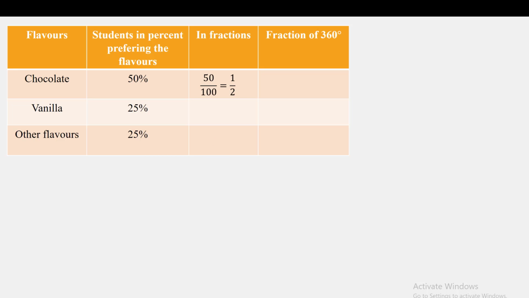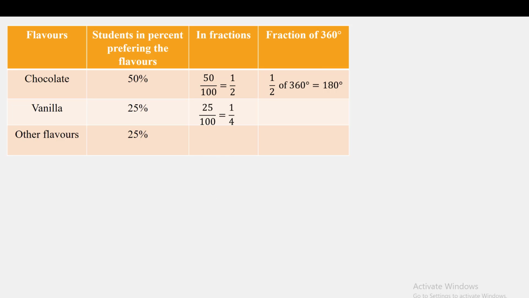Chocolate, in fraction, 50 by 100 equals 1 by 2. 1 by 2 of 360 degrees equals 180 degrees.